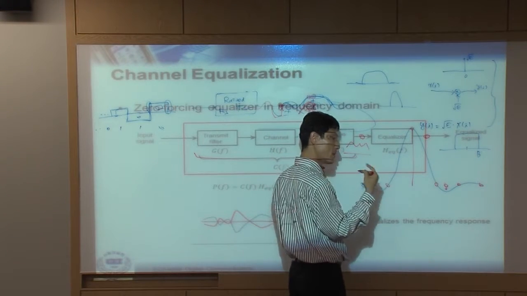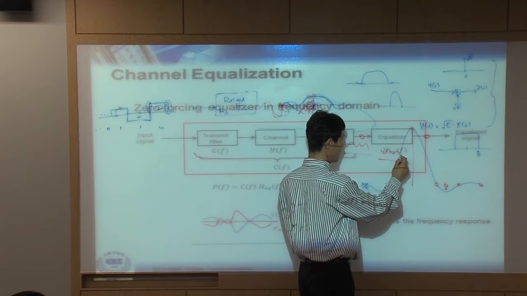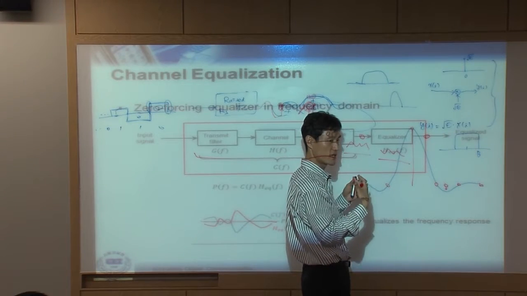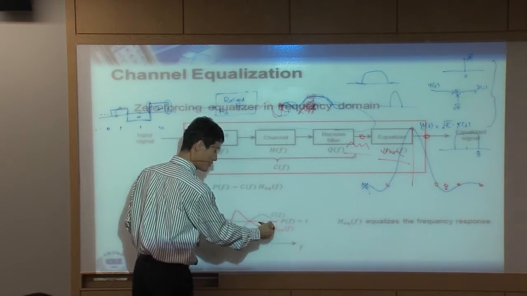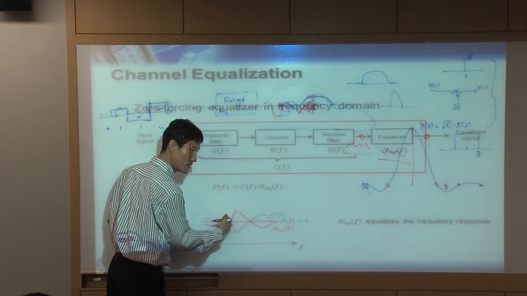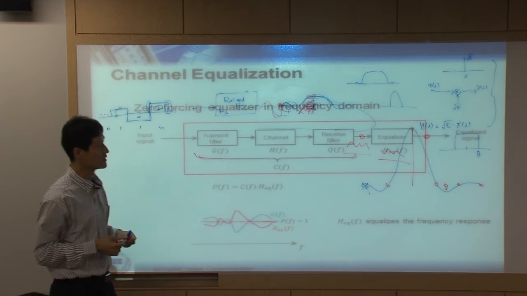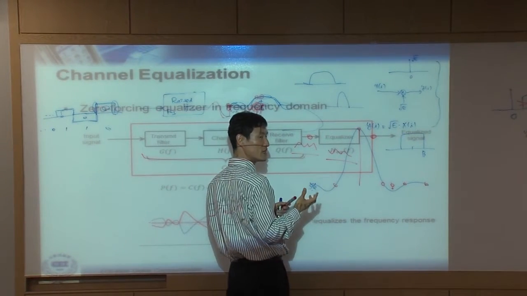The frequency domain response of your equalizer is going to be the inverse of that. Time domain convolution, frequency domain multiplication, right? So you are doing multiplication of these two. Like a multiplication of blue and red, you're going to get flat. That's the idea. That's how we design the equalizer.